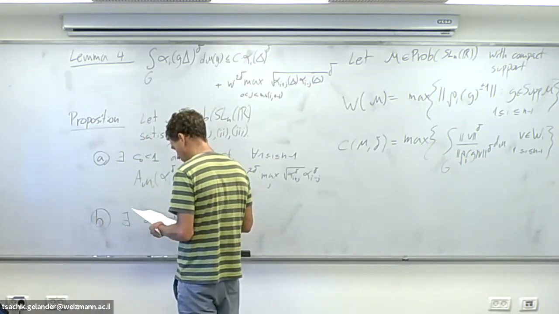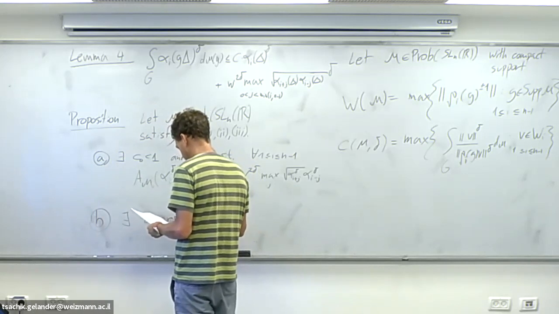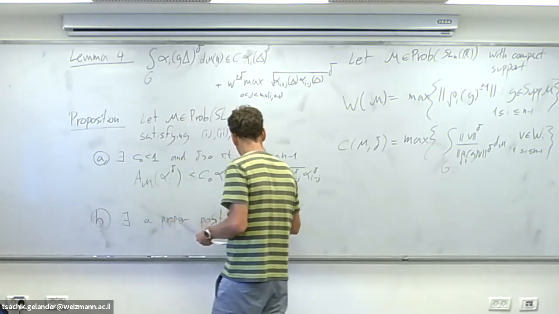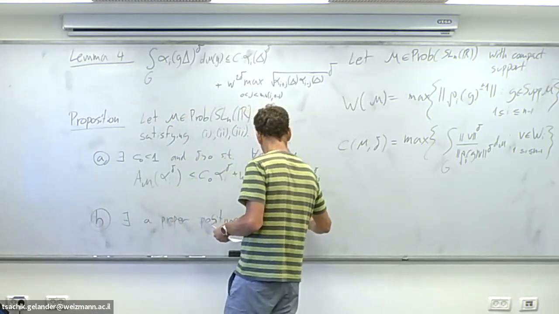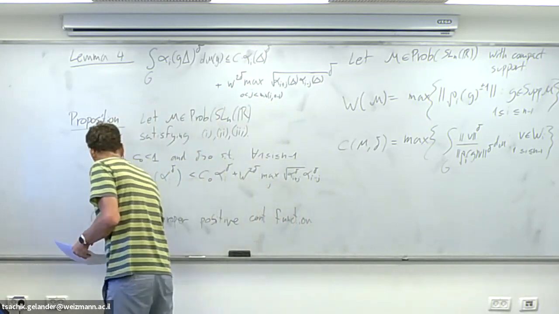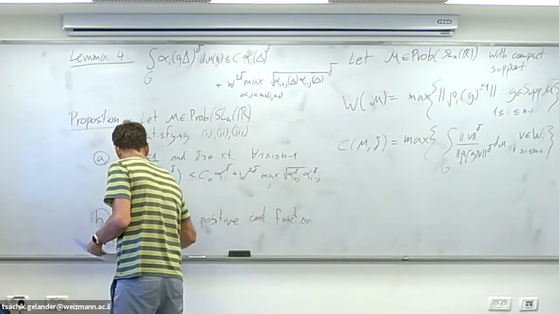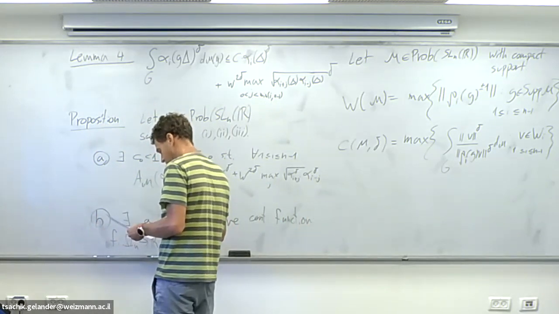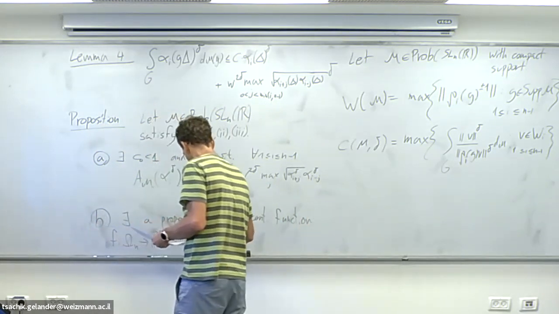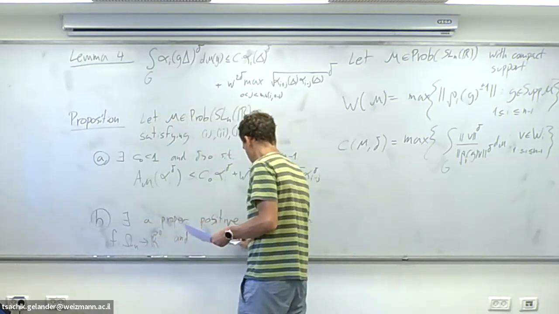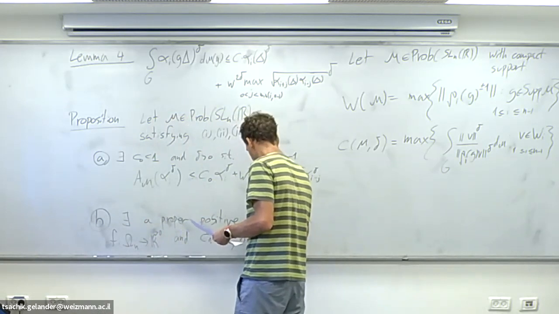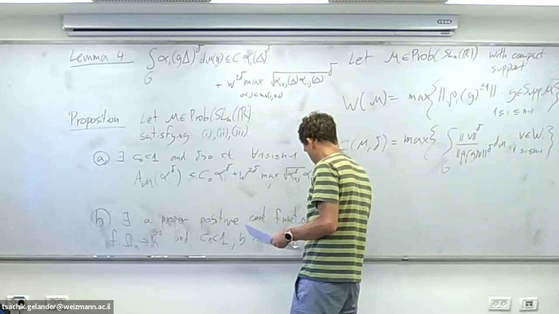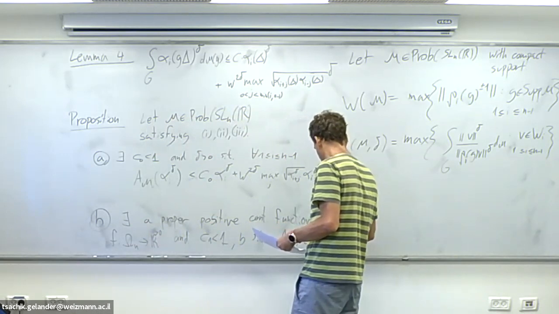There is a proper positive continuous function F on omega n r such that there are two constants C1, which is smaller than 1, and B, such that A U F is smaller than C1 F plus B. That's exactly what we want.